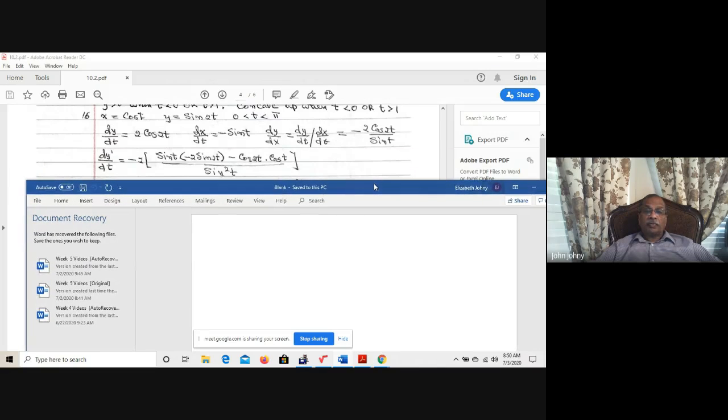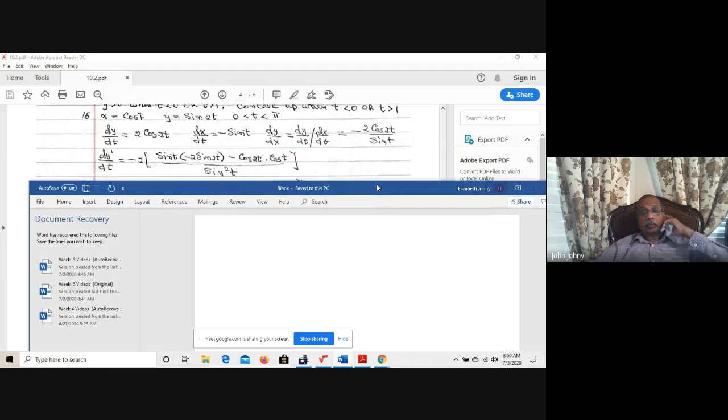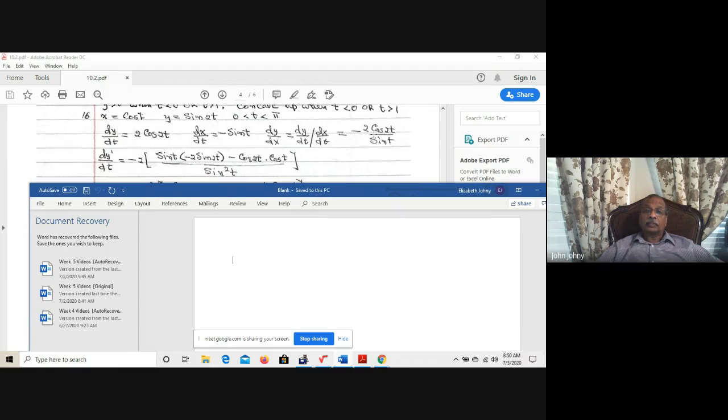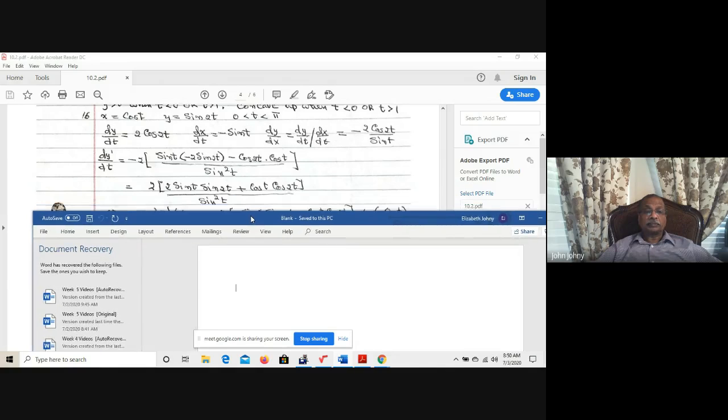For dy prime over dt, you have to use the quotient rule. So negative 2 is pulled out. Sine t times negative sine 2t times 2, minus the numerator cos 2t times the derivative of the denominator, cos t, divided by sine squared t.